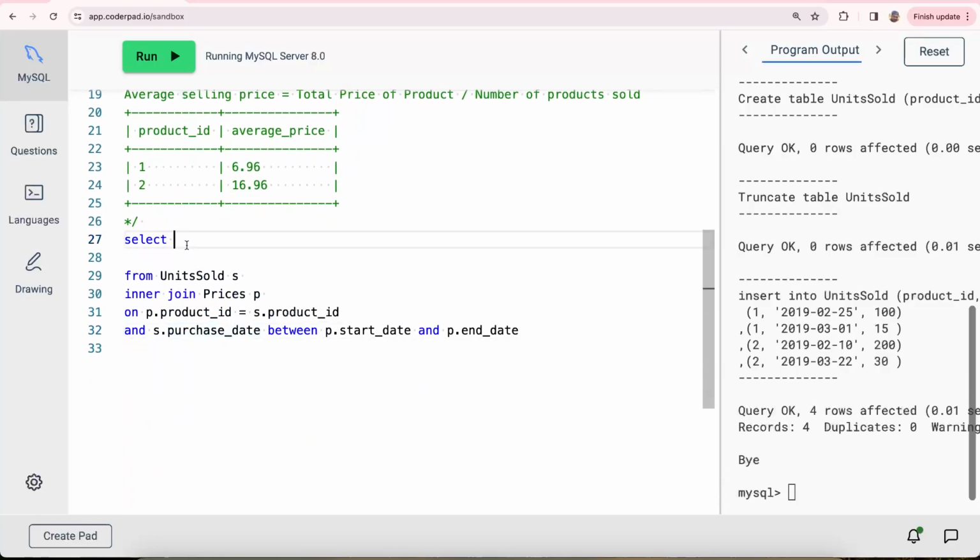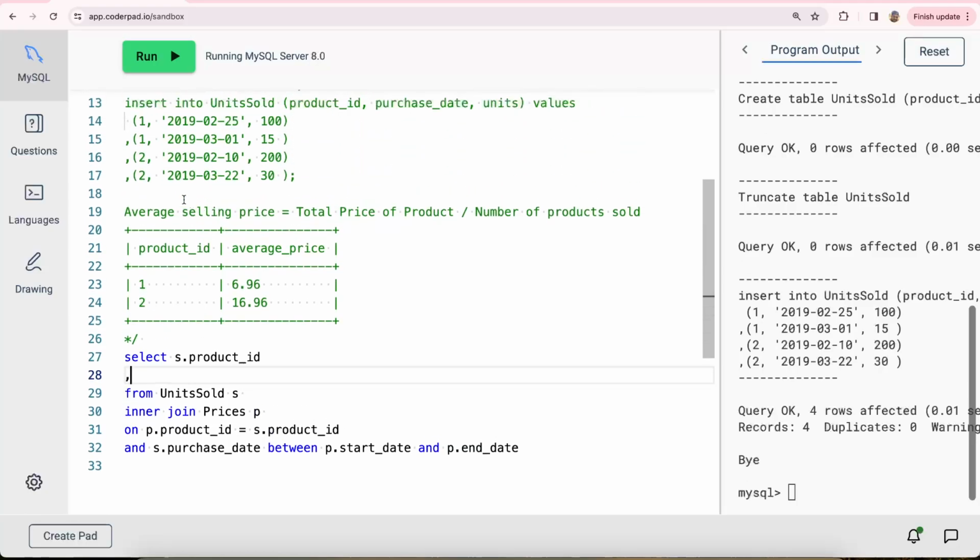So now we have to get the product ID. And for the average price, the condition is average selling price equal to total price of the product divided by number of products. So total price, how will you get it? It's the product price times the units sold.